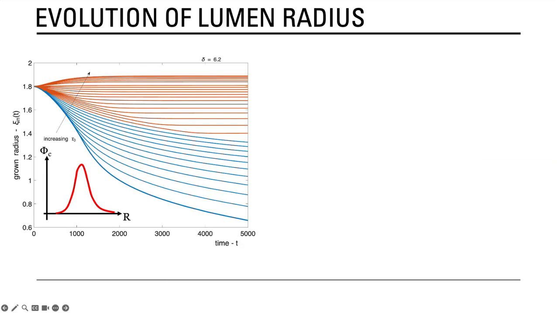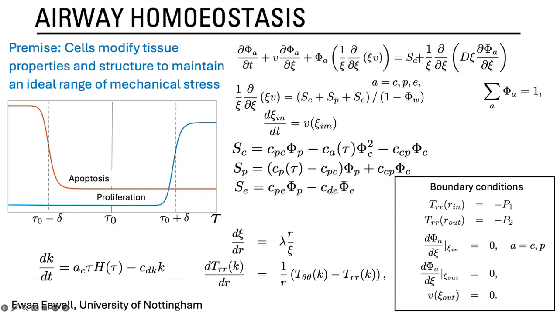So we started out from some initial condition of some fixed airway radius, with some constituents distributed in the airway in this sort of manner. And then we just ran the model and looked at what happened for some fixed value of delta, but different values of tau naught. And so these are the things to remember.